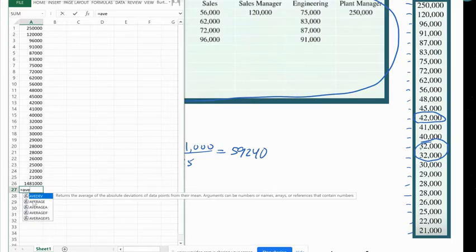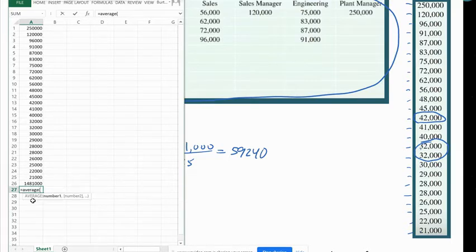So we select the word average, parentheses, and I want to make sure I don't select that 1,481,000. I'm just going to select this data and click enter, and it gave me 59,240. That's the same answer that we got when we did it using the calculator.